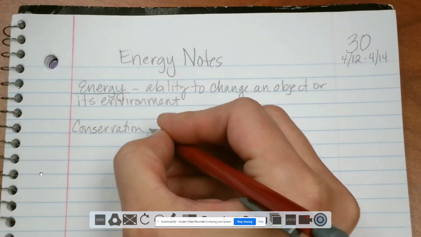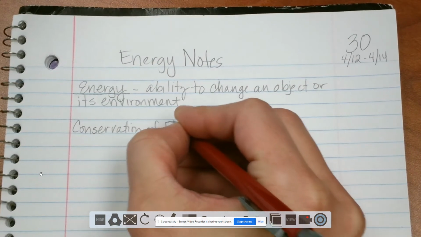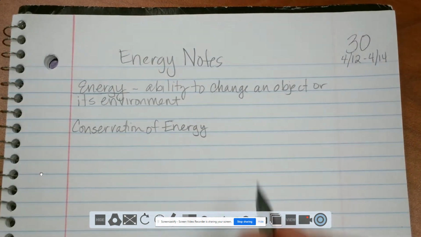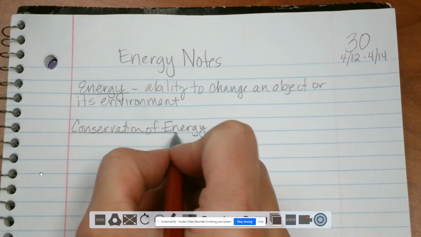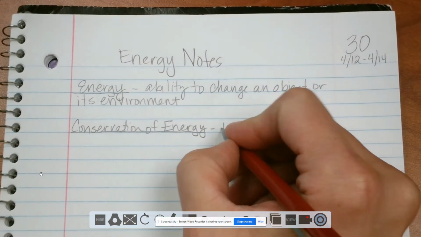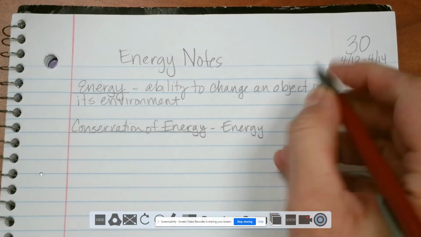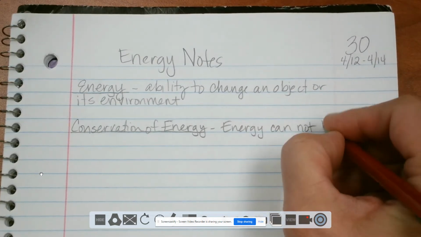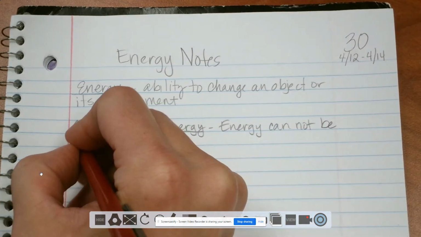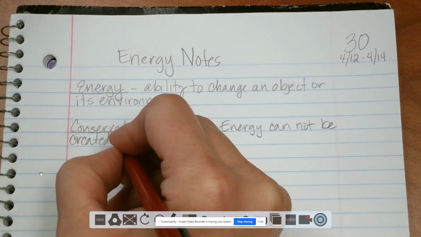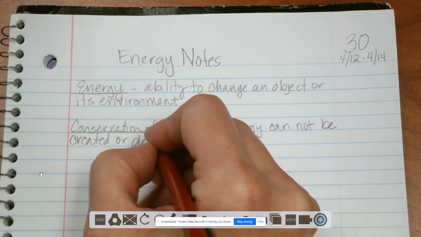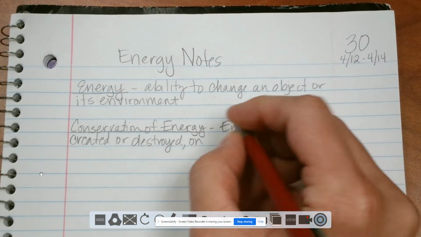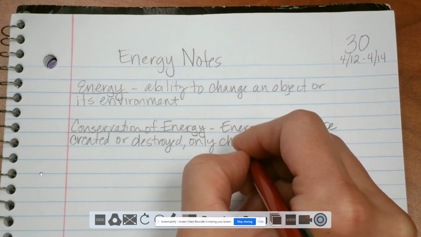Okay. So let's talk about the conservation of energy. We've already done a lot as far as work with the conservation of energy, but let's talk about the definition. So remember, energy cannot be created or destroyed, only changed forms.